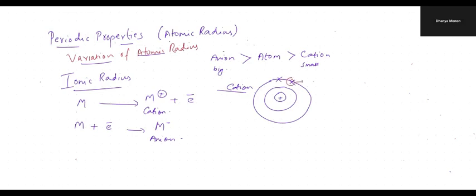So the effect of the nucleus on the electrons will be more. The nucleus will attract the rest of the electron more, or nuclear charge increases. So what is happening to the size? Size is decreasing.